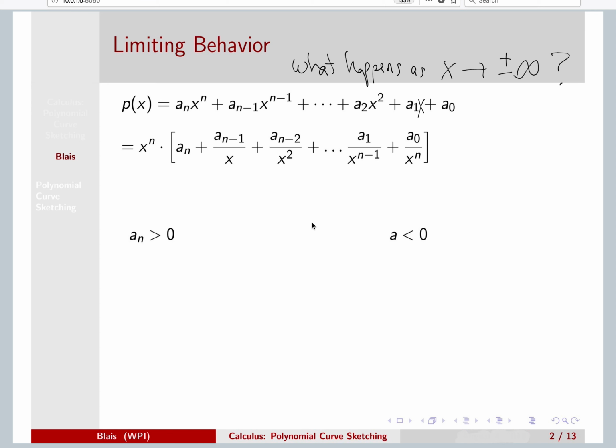But as x goes to infinity, either plus or minus infinity, the way we've written it here, all of these terms are approaching 0. So it is the a sub n and the x to the n that determine what happens.